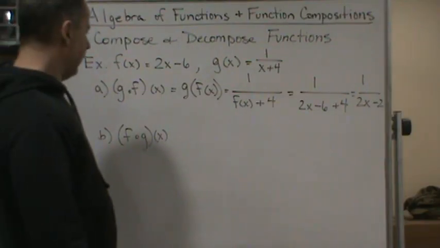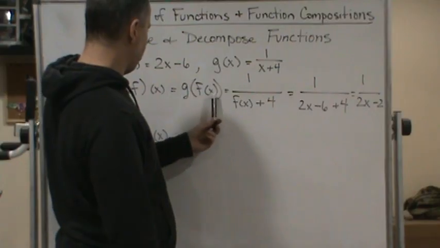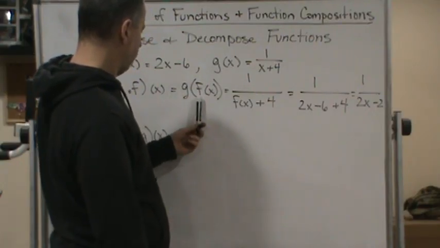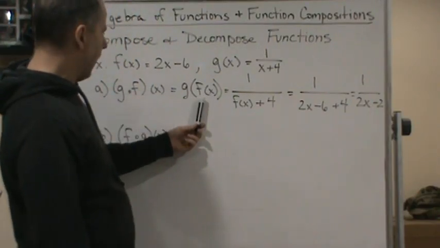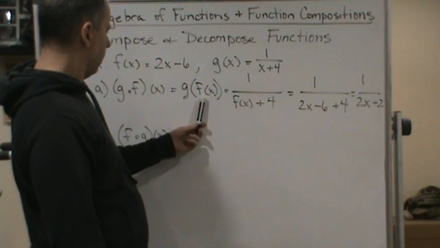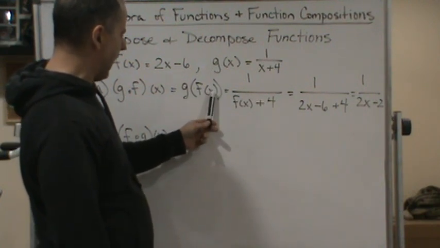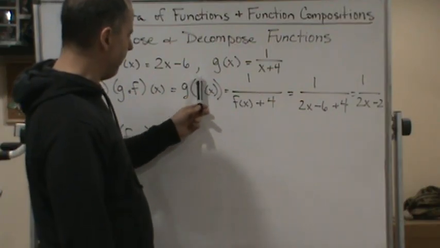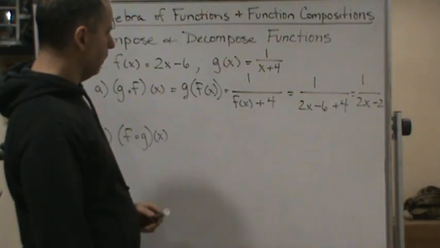Now, here's the thing. If I look at f of x, the domain of f of x is all real numbers, right? But I can only use the values of x that are in the domain of f, where f of x is in the domain of g. Okay?